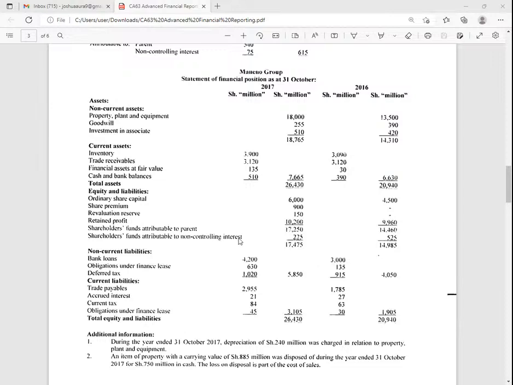So funds attributable to NCI, at the beginning of 2017, which is the end of 2016, NCI's fund was worth 525. So if I'm to capture this in form of a T account, remember this is a liability account, it's an equity account, we owe these people.